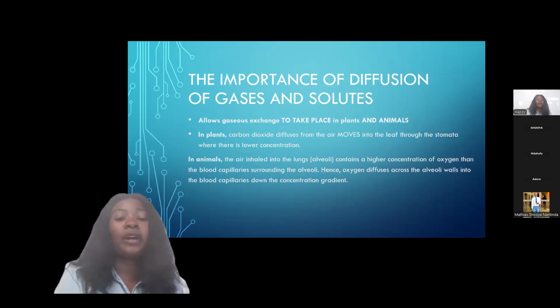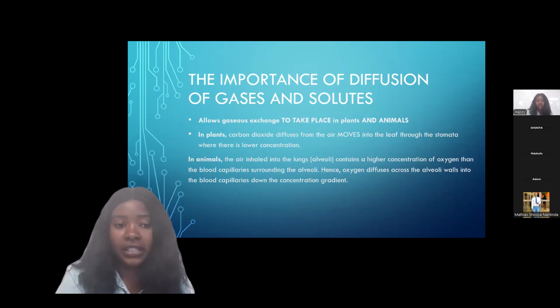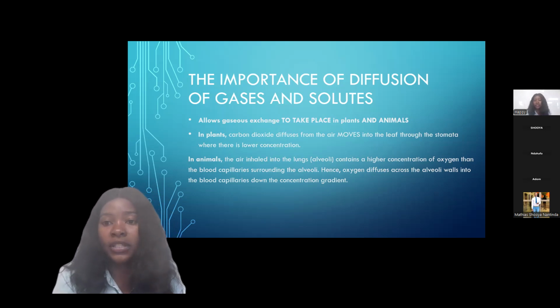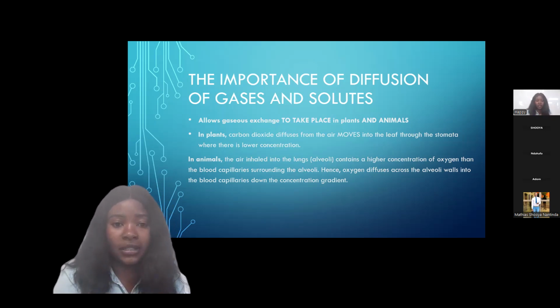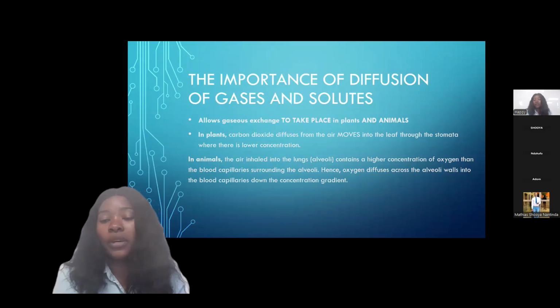Like I mentioned already, in plants, carbon dioxide diffuses from the air, where it is highly concentrated, into the leaf through the stomata, where it is lower concentrated. And in animals, we inhale oxygen from the air, and we exhale carbon dioxide. All of that is due to diffusion.